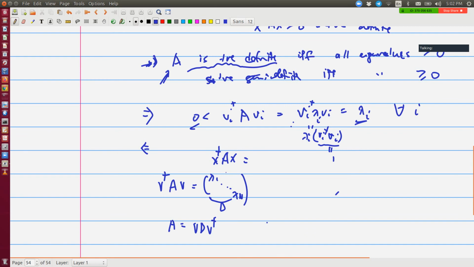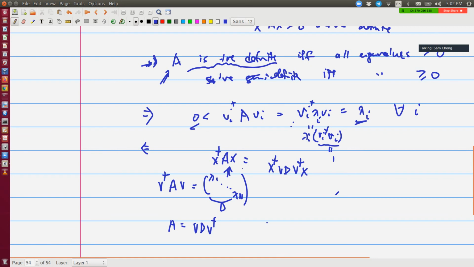So I put it in here: I have x Hermitian V D V Hermitian x, substituting A equal to V D V Hermitian.